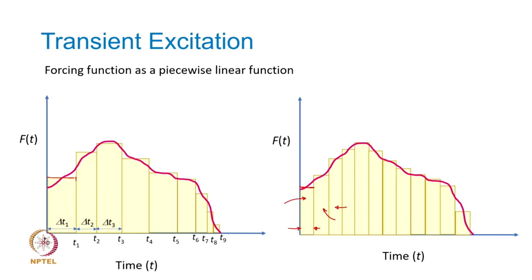But the point is, if you have too large a force duration, then it might poorly approximate the arbitrary function and the accuracy obtained may be compromised. So, if possible, we are expected to discretize this into shorter duration excitations and then find out the total response, assuming each of these excitations acts one after the other.